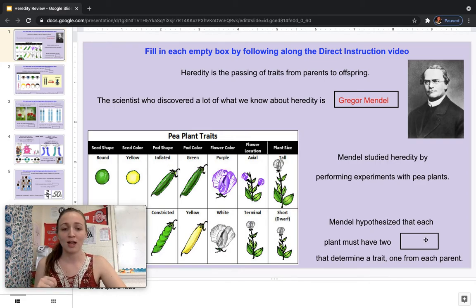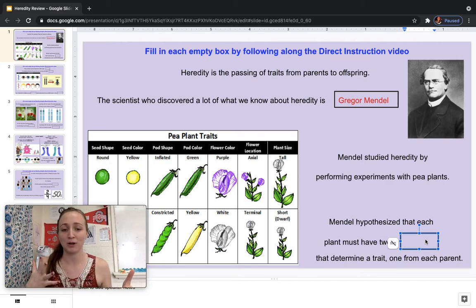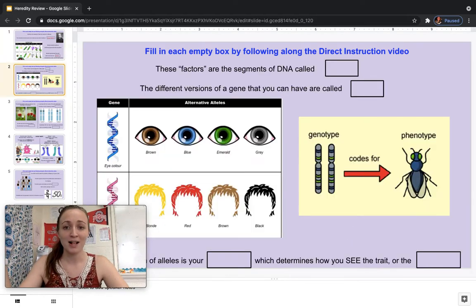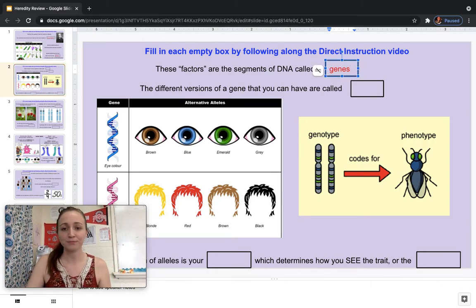So after all of this studying, after all these experiments, he figured that there must be two different factors that determine each trait, and you probably get one from each parent, right? He was totally correct in this. He knew what he was talking about. Those factors that he's talking about that you get from each parent, we know those are your genes, right? So you get some genes from your mother and the rest of your genes from your father, 50-50.